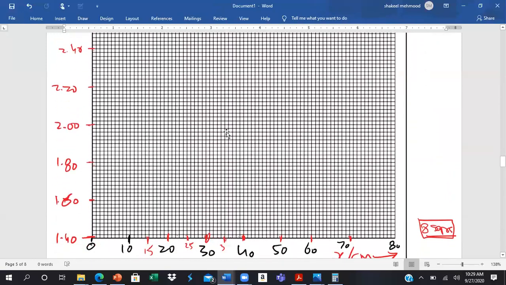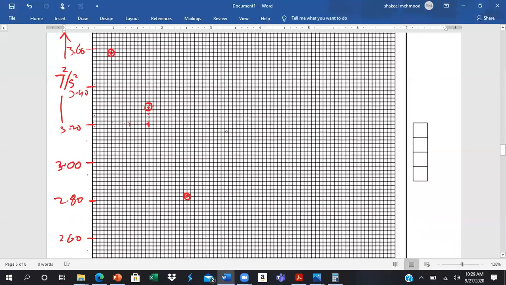So 35 is this line, and for 2.34, this is 2.30, 1, 2, 3, 4, 5. This is 2.32, and 2.34 is somewhere here. Okay, so this point is also plotted. Let's move on to the next one.